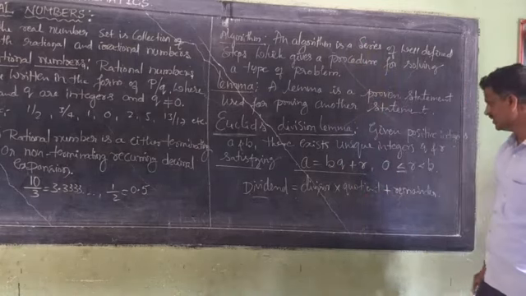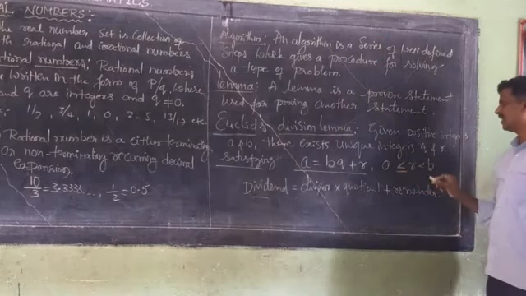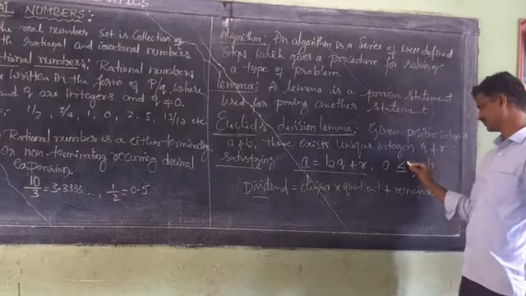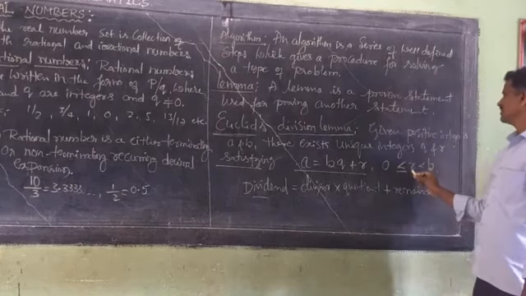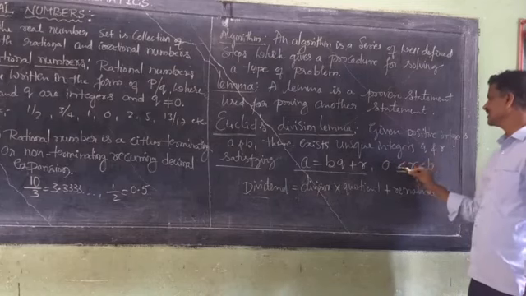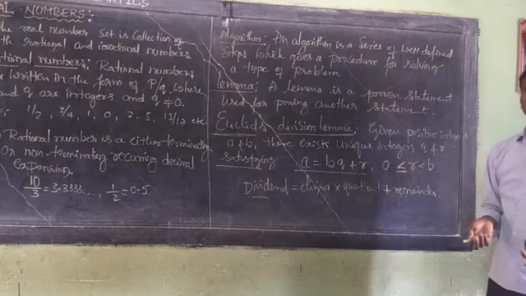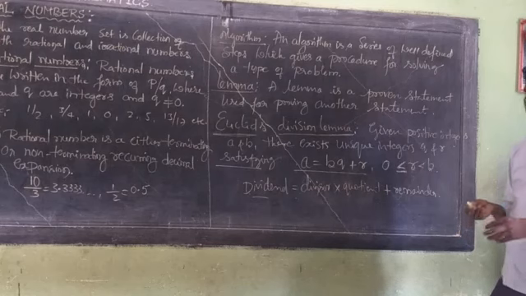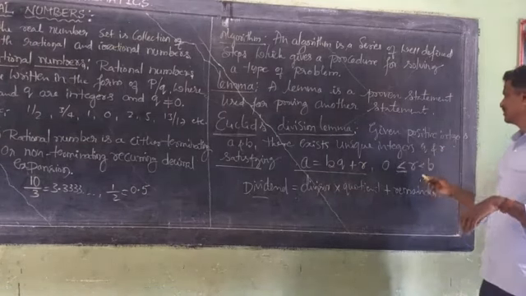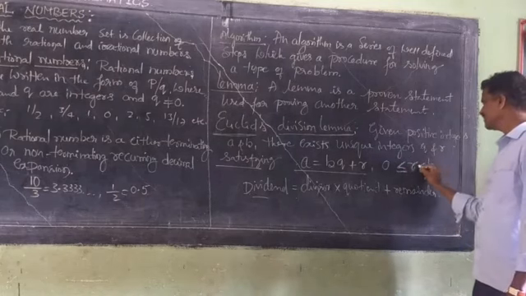Here, 0 is less than or equal to r, which means the remainder either becomes 0 or any other number less than b.